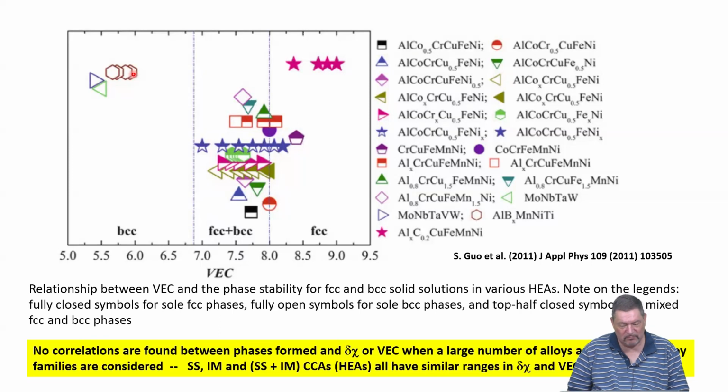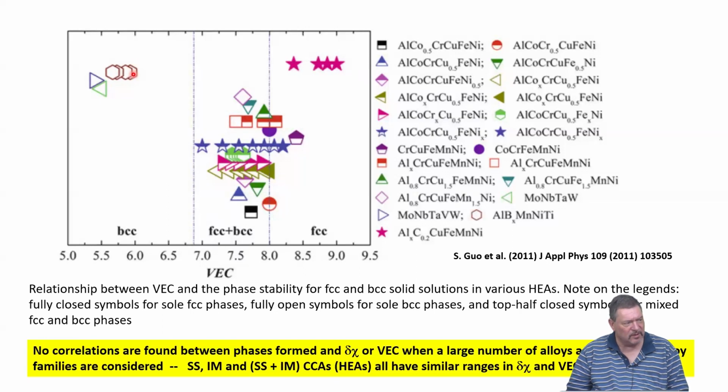So my opinion is there are no correlations found between phases formed and this electronegativity or valence electron concentration condition when you really compare a large number of different alloys and the range of alloy families.